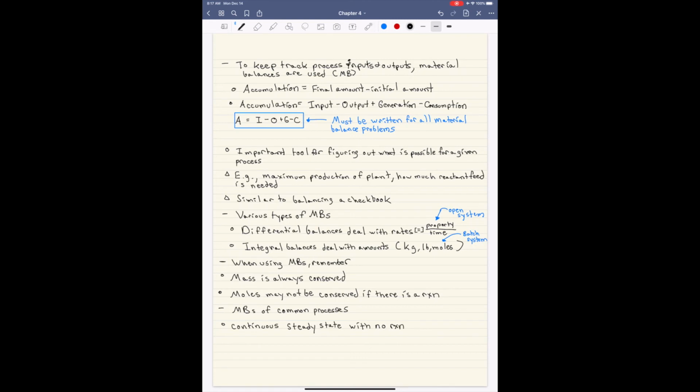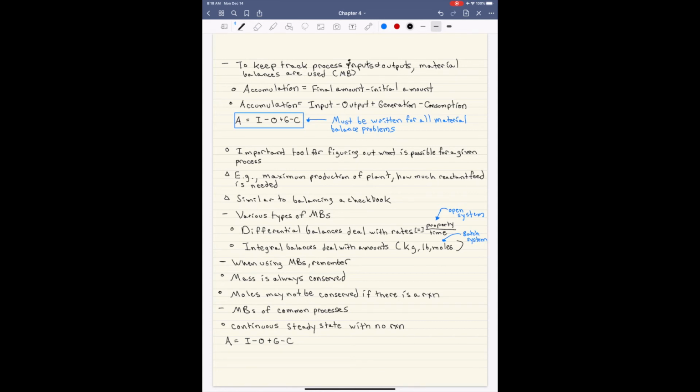So let's think about this type of process. What we're going to do first, as you should always do, is start out by writing our general material balance equation. So A equals I minus O plus G minus C. Okay? So we should always start with that.